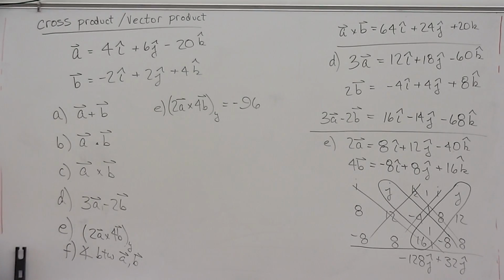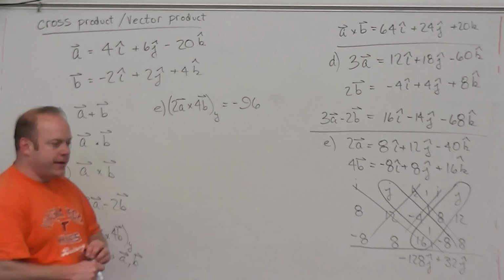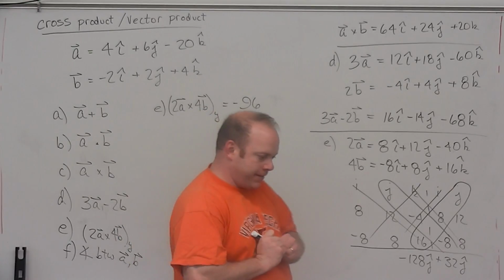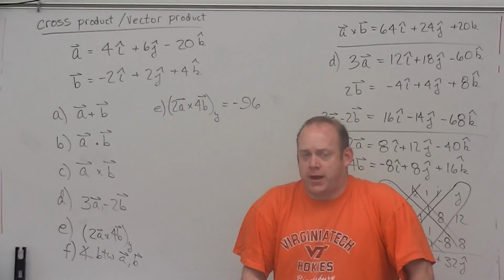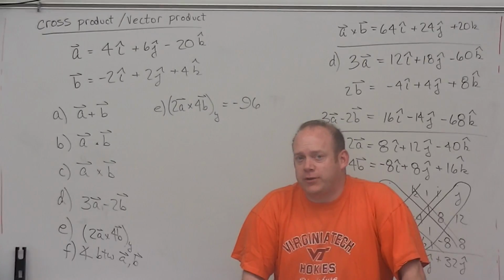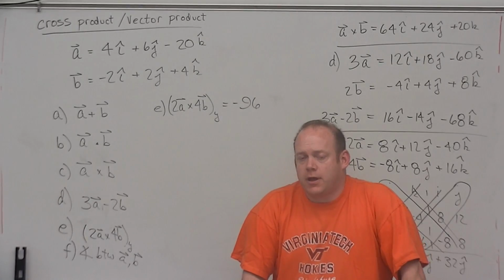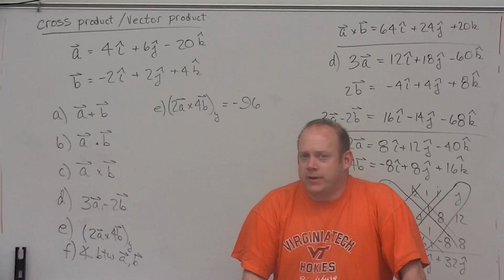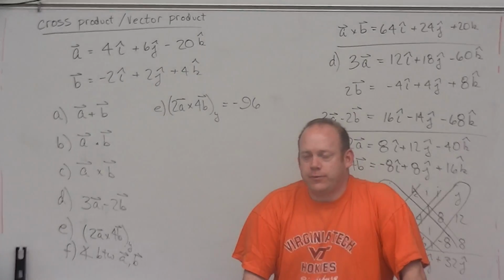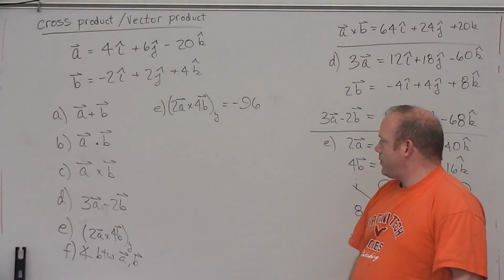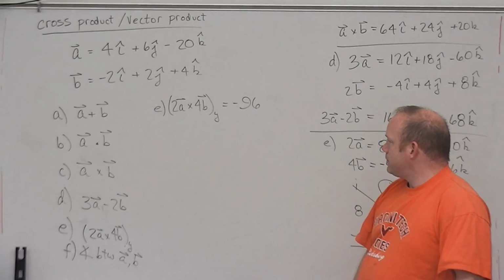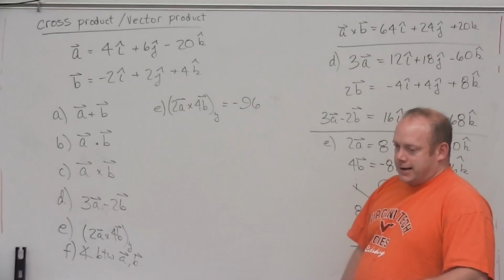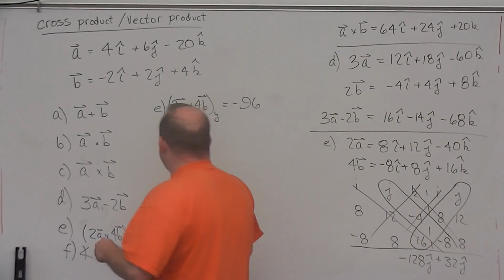Okay, F. Angle between A and B. Now, here's the thing. I can use cross product to find the angle between two vectors, but I don't want to have to go through solving for the cross product yet. And of course, I erased the answer for what A dot B was.